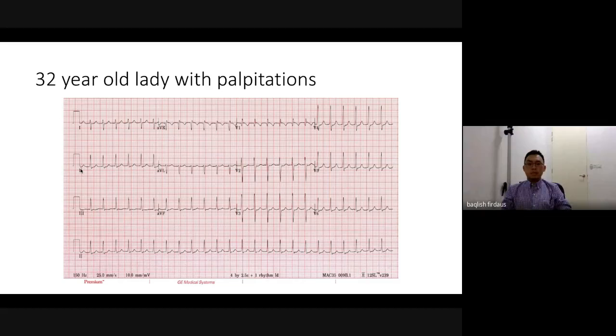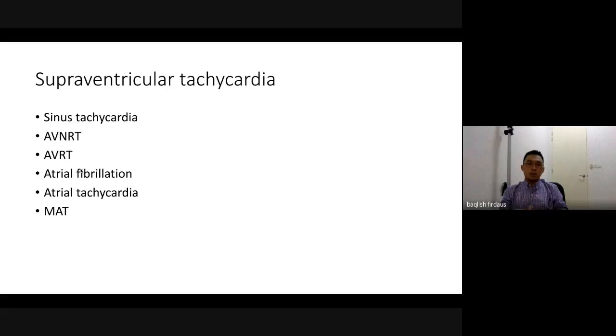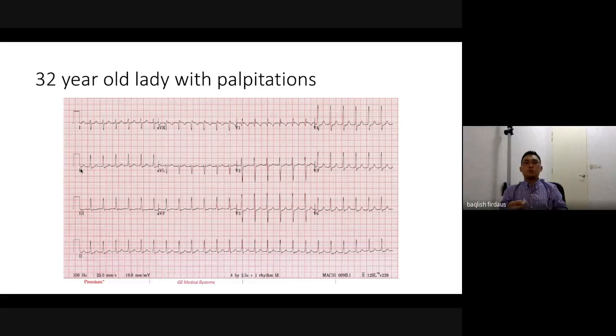So this is an example of supraventricular tachycardia. If people ask you about this ECG and you don't know how to differentiate between AVNRT, AVRT and atrial fibrillation, you just say the patient has supraventricular tachycardia because it's a narrow complex. So you are at least 50% correct.